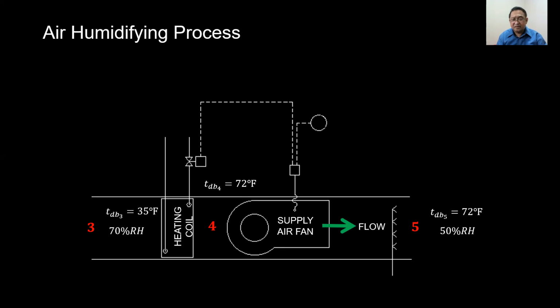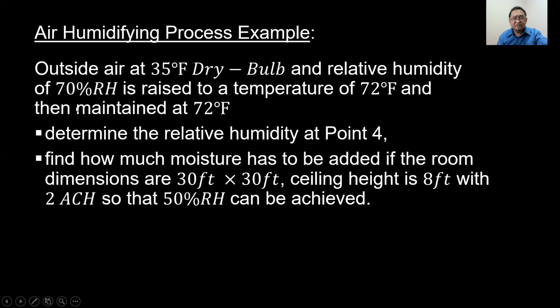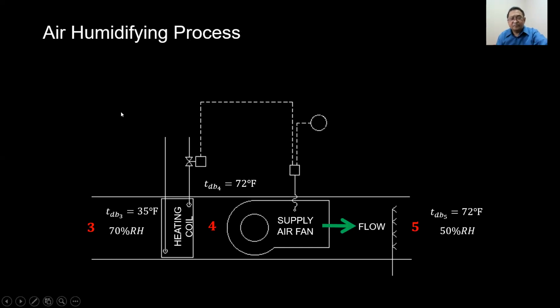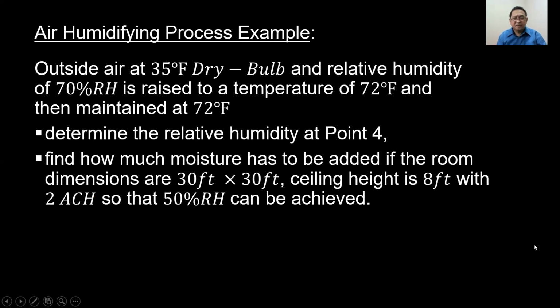Let us see first what happens in the chart. Our intention is to maintain the temperature of 72 Fahrenheit, but we want a relative humidity of 50% at point 5.